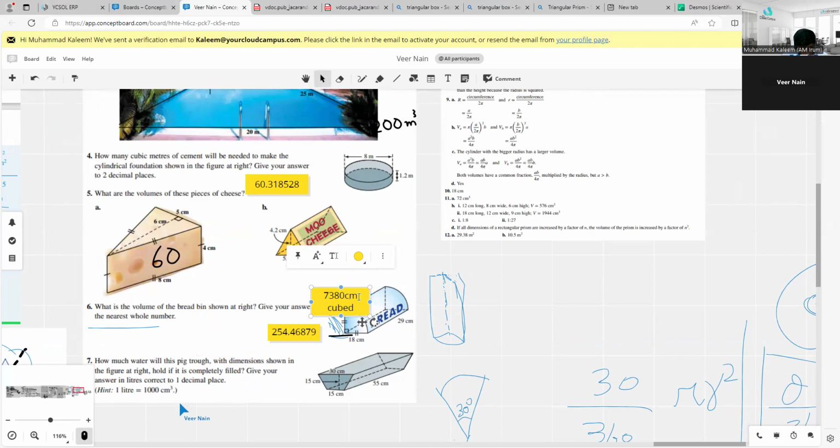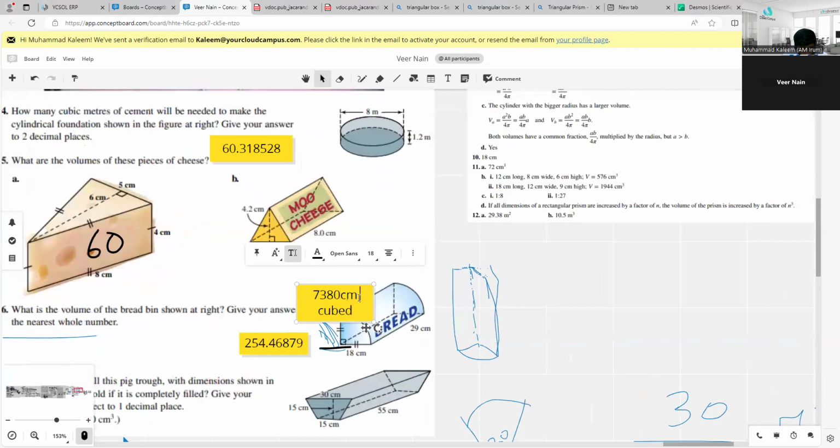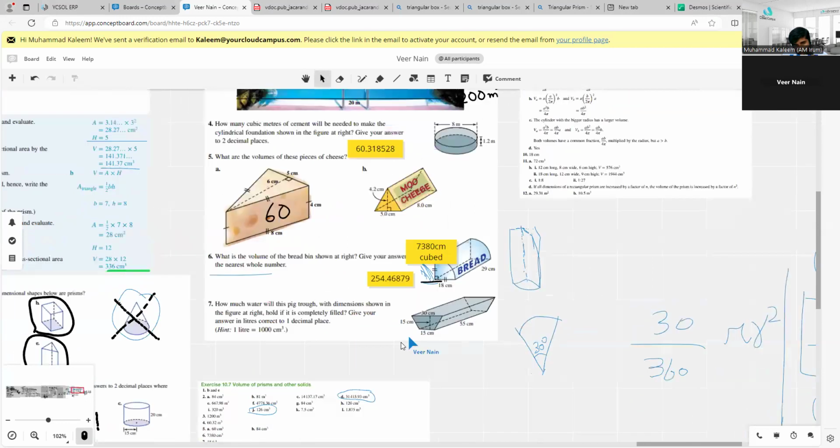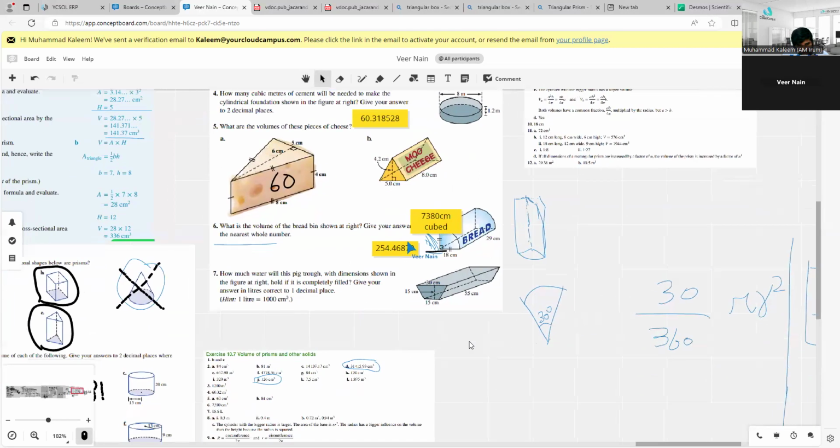Okay. How much water will this jug hold with the dimensions shown, if it's completely filled? Give your answer to the nearest whole number. So first, you have to find this. This is a trapezium, right?